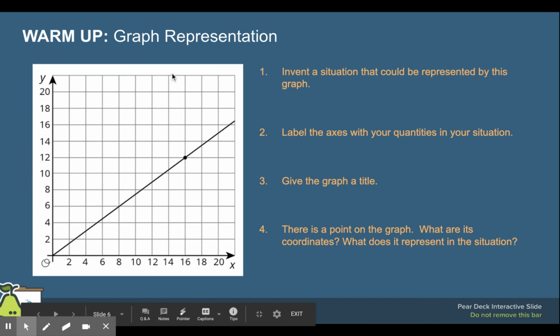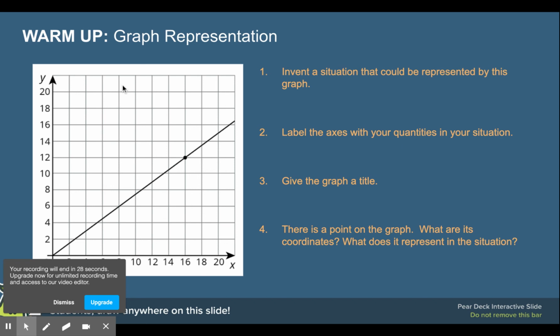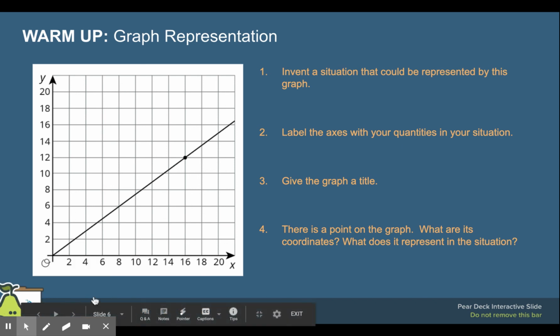And then let's give this a title, such as distance traveled per time. The last piece I want you to do here is there's a point on this coordinate plane. So what does that represent to you? If this was your time and this was your distance, what would this coordinate point represent to you?